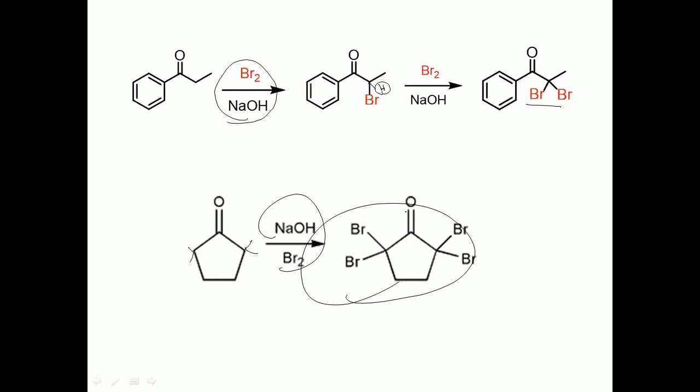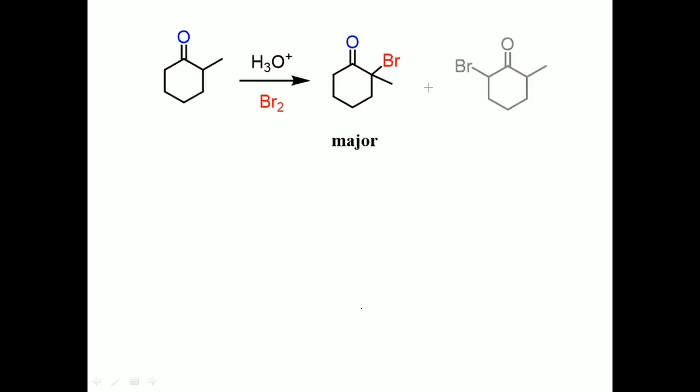We will get the tetrabromo compound. But if the same compound reacts with Br2 in the presence of acidic medium, just monohalogenation takes place, double bond O like this. But in basic medium further substitution takes place.